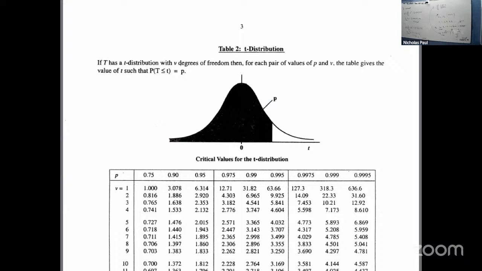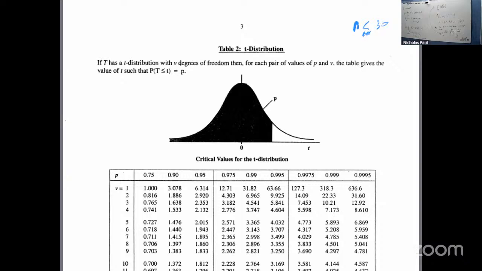When n is less than or equal to 30, it no longer follows a normal distribution. It now follows a distribution called a t distribution.